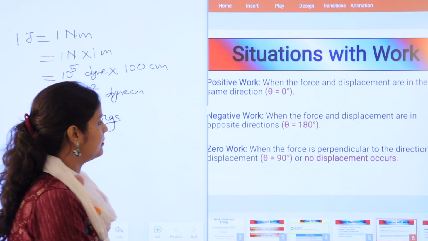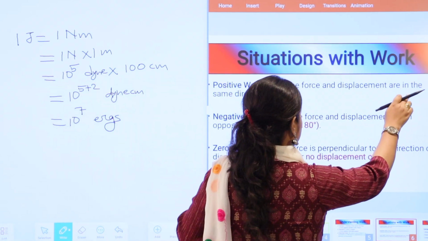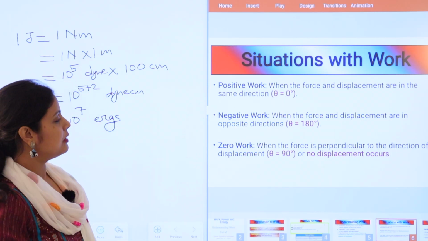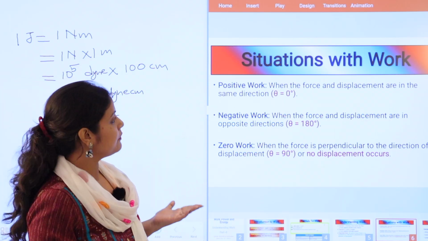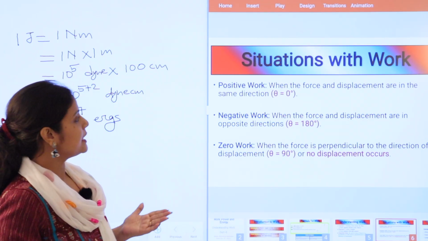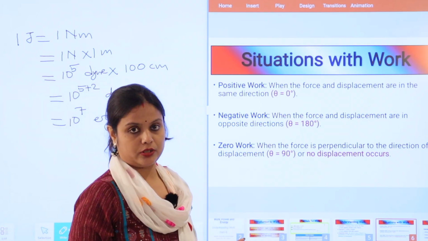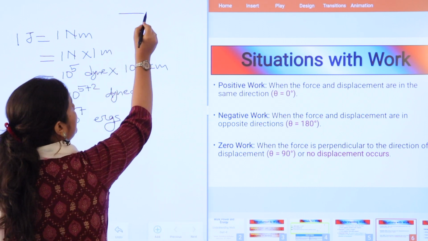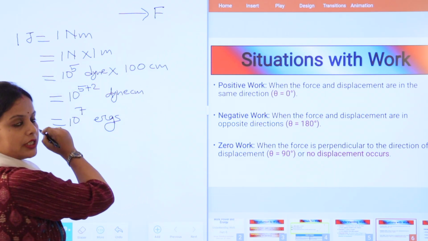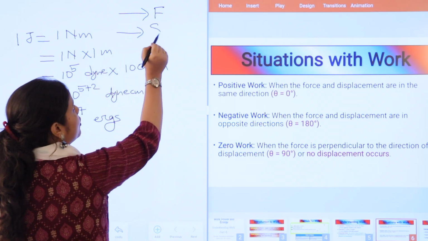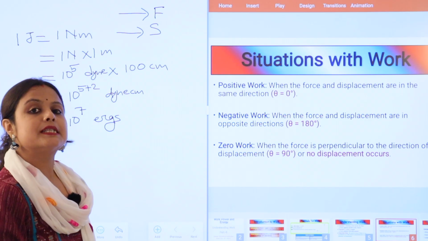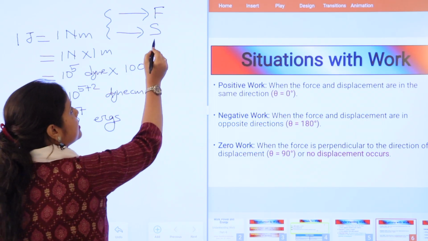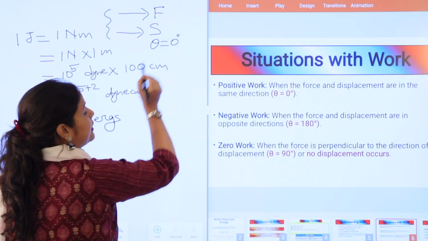Now, as per my explanation, I can just show you over here. What is positive work? Positive work is when the force and displacement are in the same direction, that means theta is 0. Here you can see forces are applied in this direction, and displacement is also occurring parallel to this direction. So what is the angle between them? Theta turns out to be 0 degree.